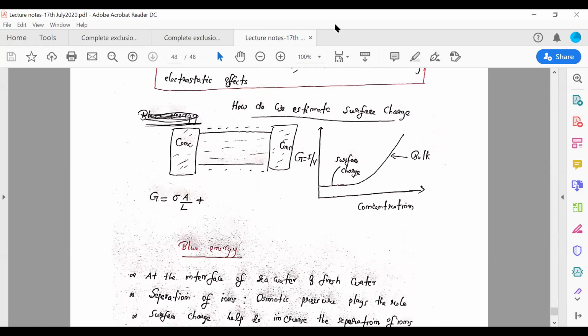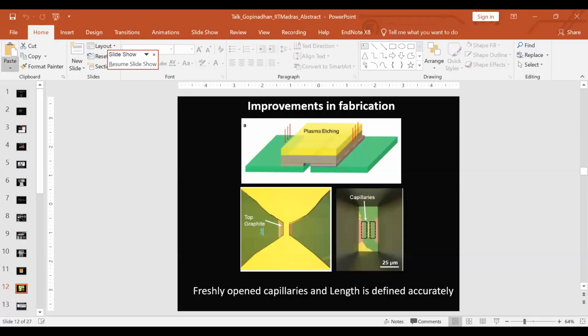Let me share. No, it's okay. Can you see my slide? Yes, sir. Okay. Somehow my mouse got some problem. I think what's the problem? Okay. So are you seeing my PPT?